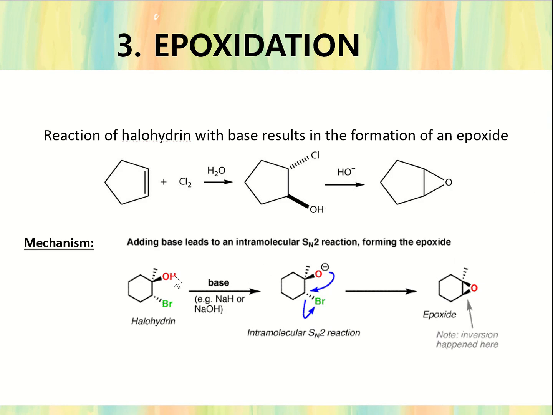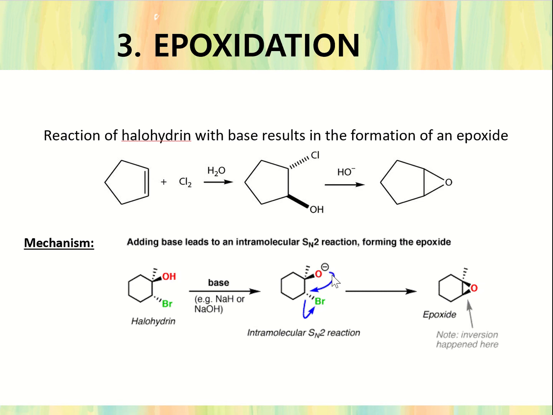This is simple because we know what bases do. Bases will abstract a proton. So it will pull this proton here to form our oxide ion, which can then attack our electrophilic center here, because clearly this carbon-halogen bond would be polarized as a result of the halogen being attached to it.